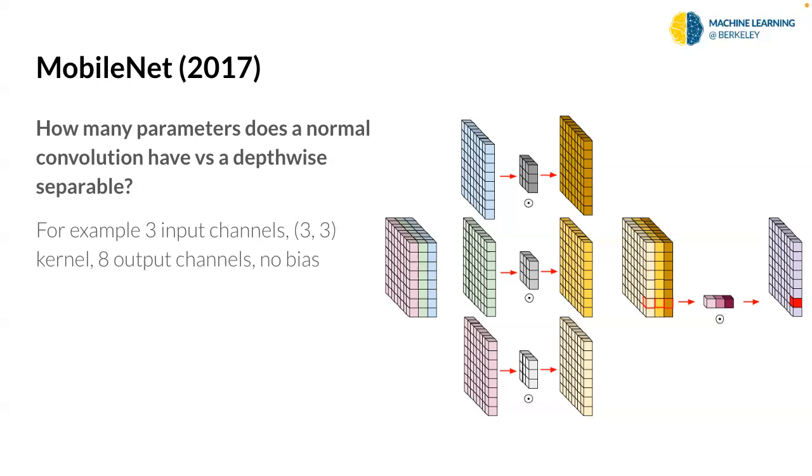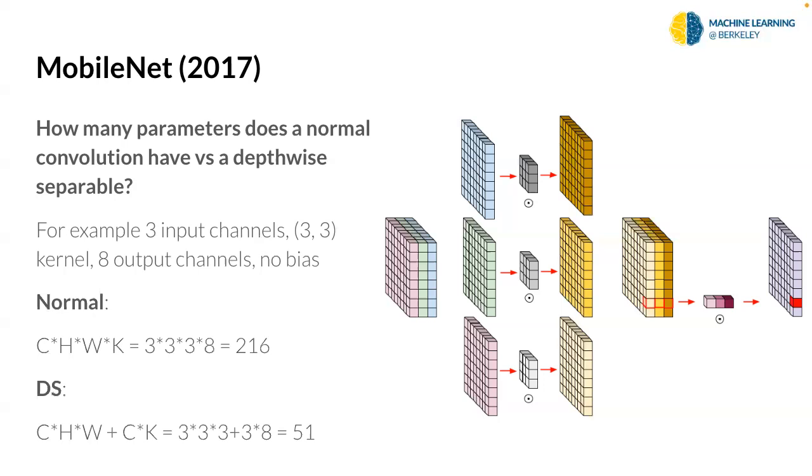Yep. Exactly. So for a normal convolution, we're going to have just 3x3x3x8 because you have a 3x3x3 block for every single output channel. So there's going to be 216 parameters. And then for the depth-wise separable, as you mentioned, there's going to be 3x3x3 for the depth-wise block, plus the 3x8 portion, which is going to be 24 parameters for the 1x1, the second half, the separable portion.